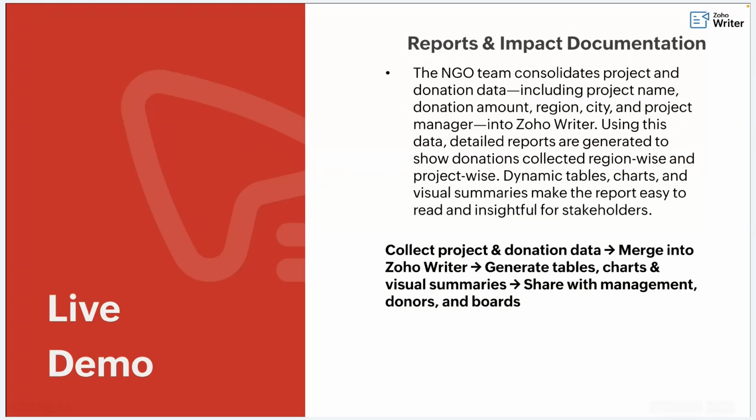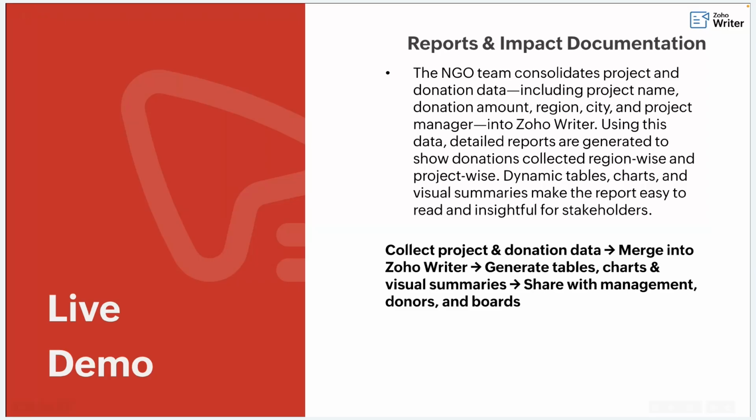That was a great demo on generating donor acknowledgements and tax exemption certificates. Now, building on that, let's talk about reports and impact documentation. NGOs need to track donations and project progress effectively. In Zoho Writer, all project and donation data, including project name, donation amount, region, city, and project manager, can be consolidated.